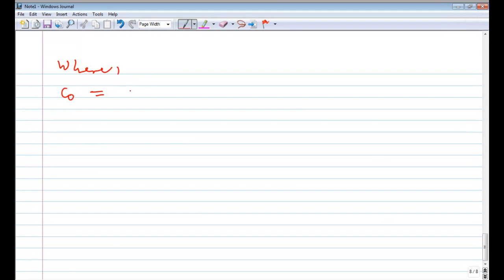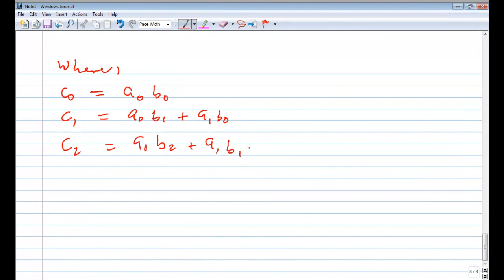C0 is equal to A0 B0. And C1 is equal to A0 B1 plus A1 B0. C2 is A0 B2 plus A1 B1 plus A2 B0.